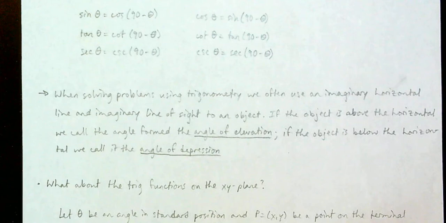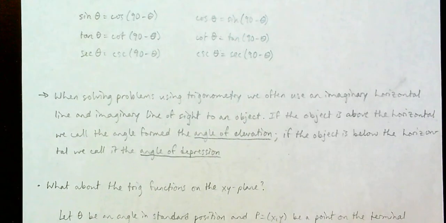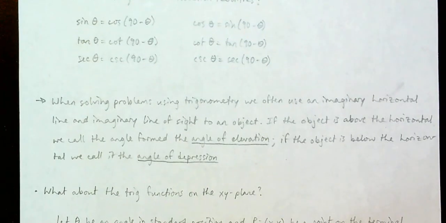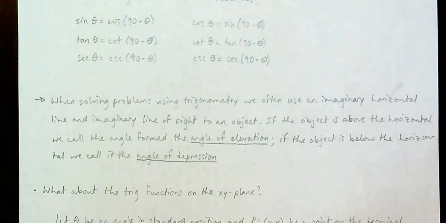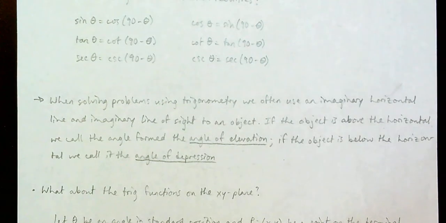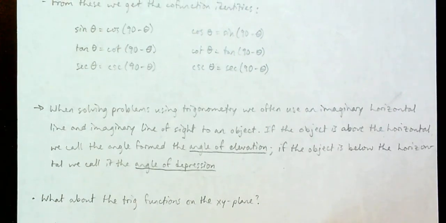So if the object that you're looking at is above the horizontal, the angle that's formed between the horizontal and where you're looking at is called the angle of elevation. If the object that you're looking at is below the horizontal, like say you're standing at the top of a building and you're looking down at something, the angle formed by where you'd be looking straight ahead versus where you're looking down at is going to be called the angle of depression.